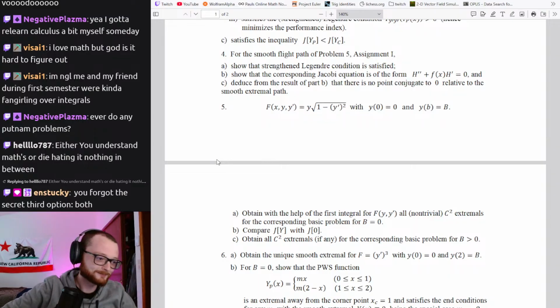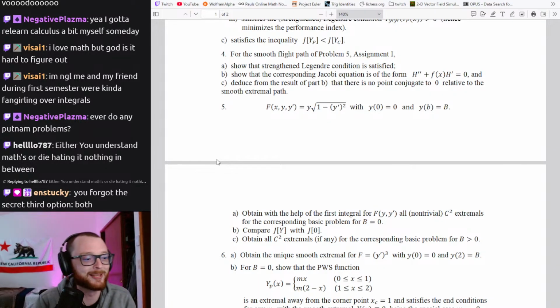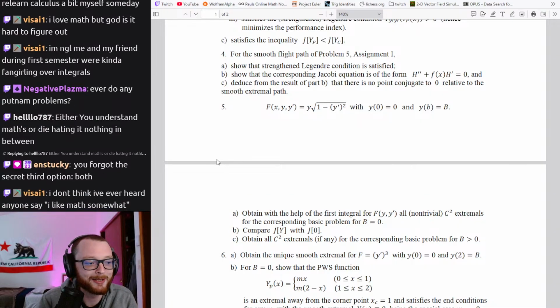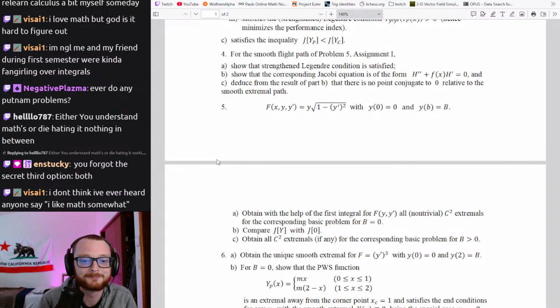Or both. That's the Grothendieck plot line. You like math somewhat. That's fair. I'm not sure I've heard that either.